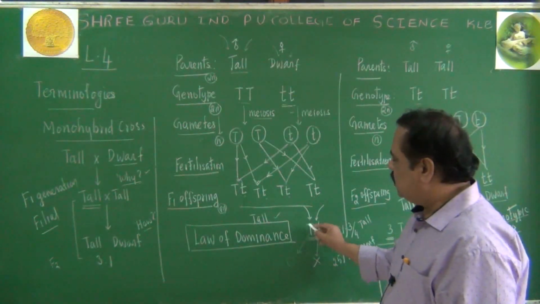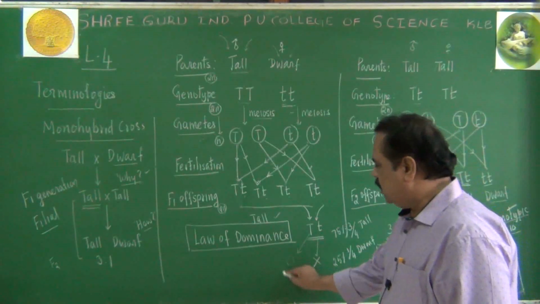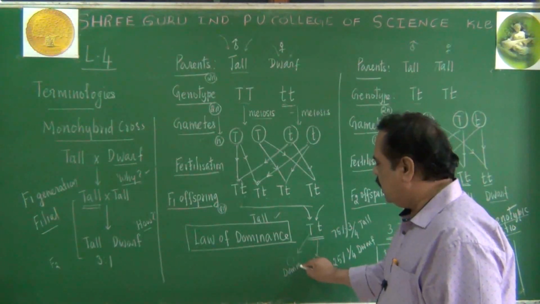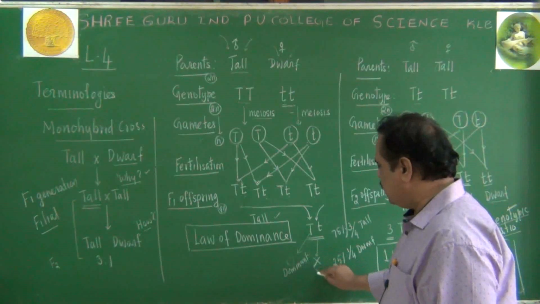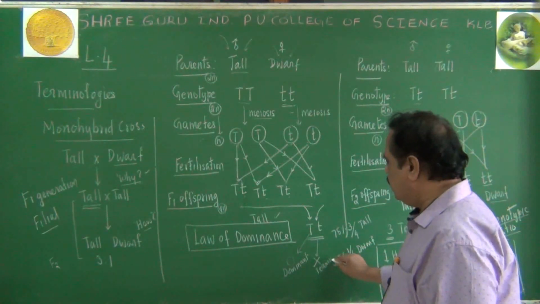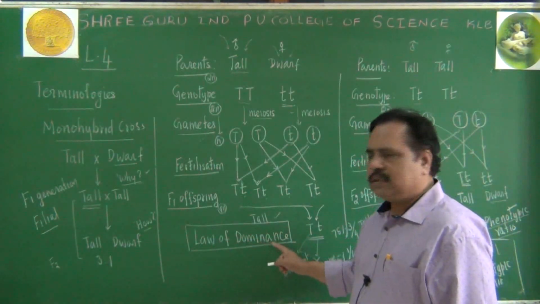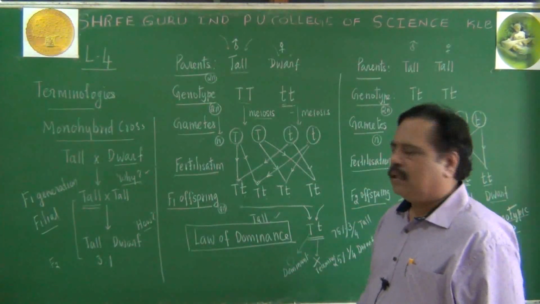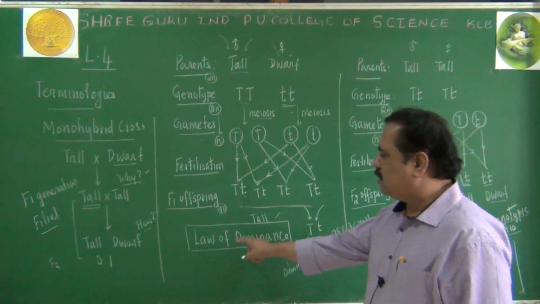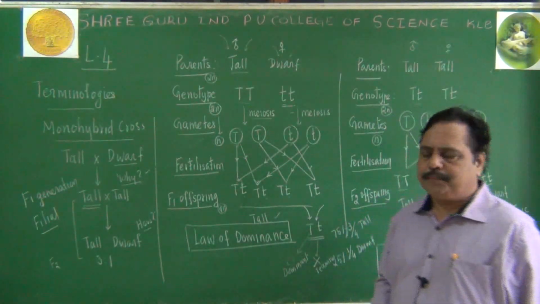The allele which is expressed is called the dominant allele, and the allele which is suppressed is called the recessive allele, and this phenomenon of inheritance is called dominance, inheritance of dominant character. So this phenomenon is called the law of dominance.